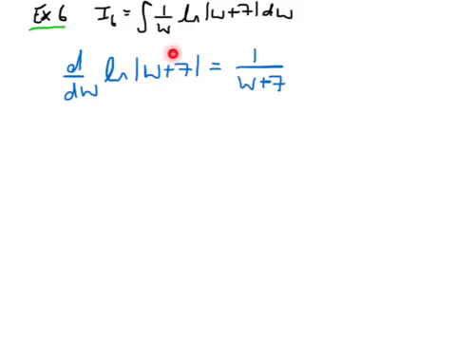And bear in mind that this logarithm, the logarithm of w plus 7, cannot be simplified. The rules for logarithms do not allow that. And 1/(w plus 7) is not the same, obviously, as 1/w, which is what we have here. So therefore, this integrand does not fit into the scheme of integration by substitution.